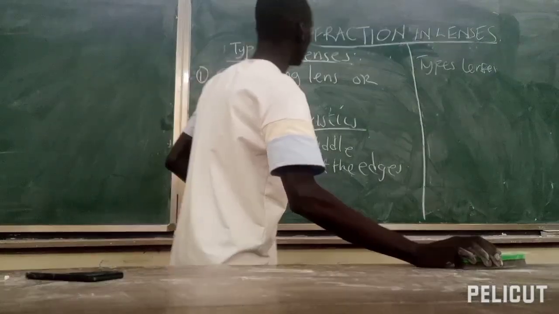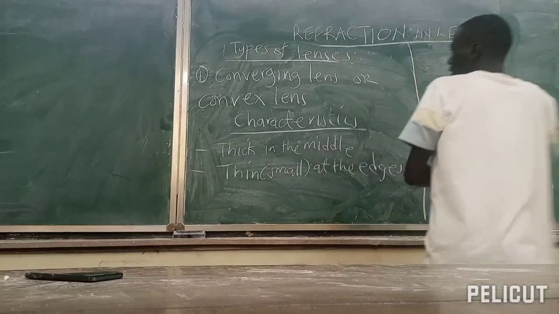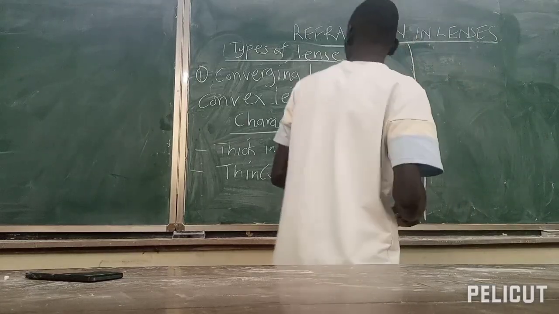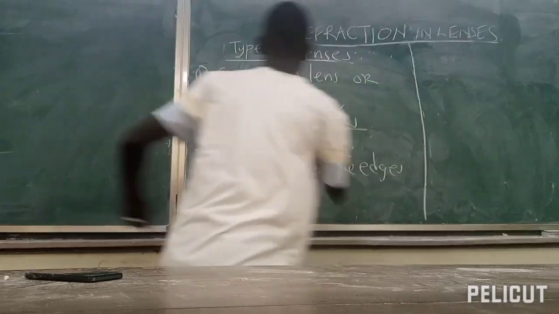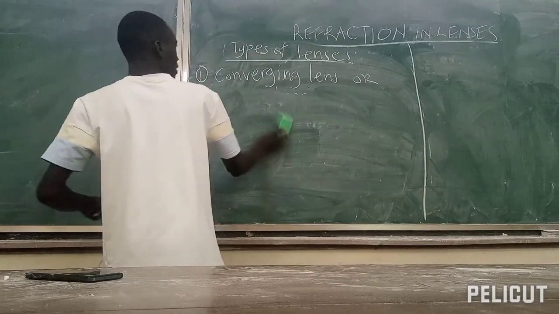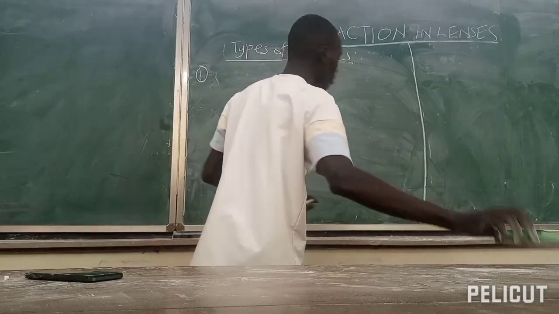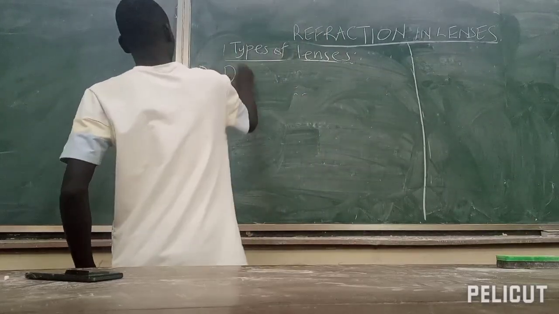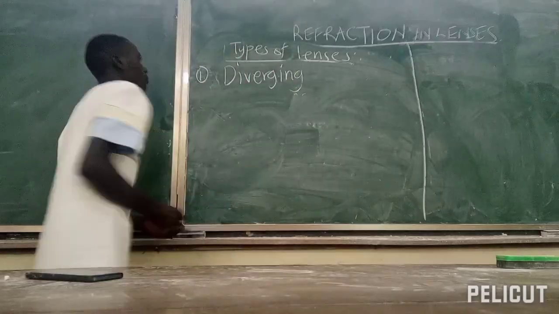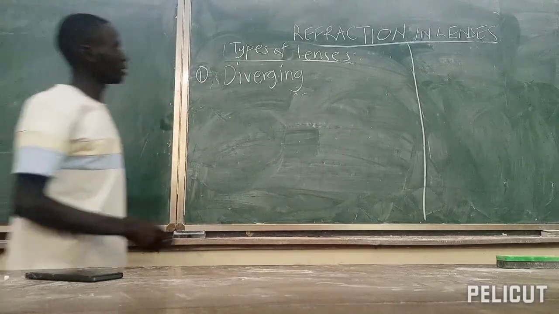Okay? So let us look at the second type of lenses, which we call diverging lenses, the opposite of converging. Yes, sir. We have the one which diverges the light rays.